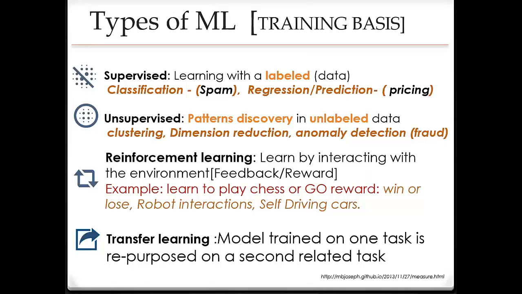And the first type of machine learning algorithm is what we call supervised learning. So with supervised learning, we feed the algorithm a lot of labeled data, and then after it has learned enough, we test it.